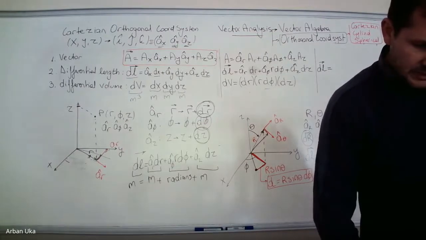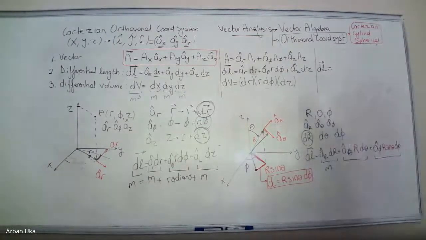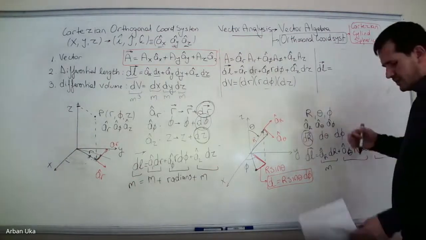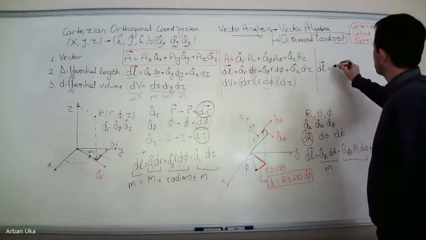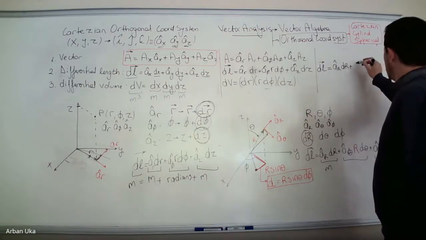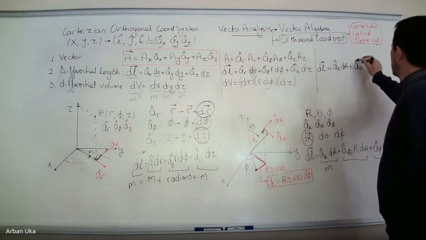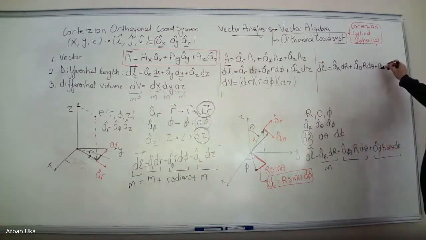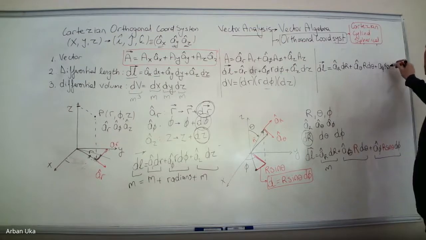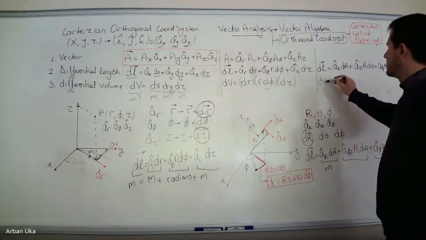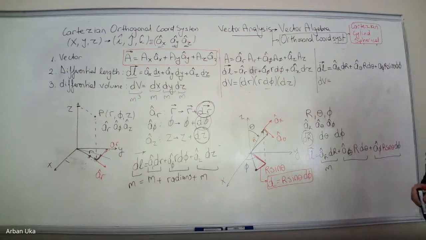So if this is the differential length, then we can write that it is equal to AR dr plus A theta r d theta plus A phi r sine theta d phi. And the next tricky part, not very tricky, is the infinitesimally small volume element.